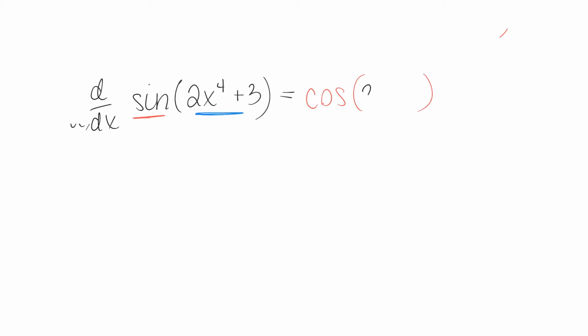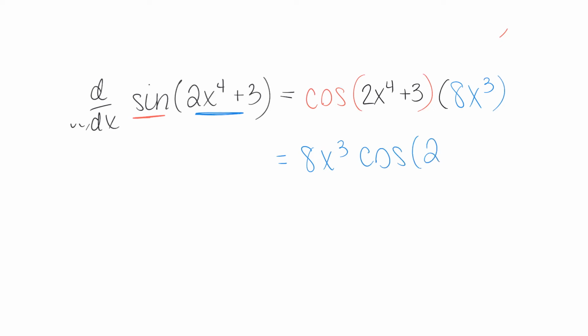In this case, our something is 2x to the 4th plus 3. Now we need to take the derivative of 2x to the 4th plus 3, which in this case is 8x cubed. So we're going to rearrange that one more time. Put our 8x cubed in front times the cosine of 2x to the 4th plus 3.